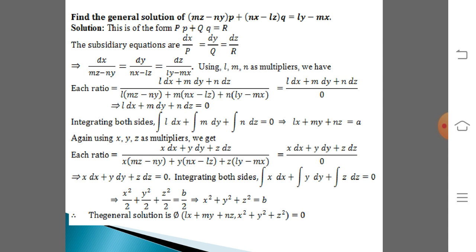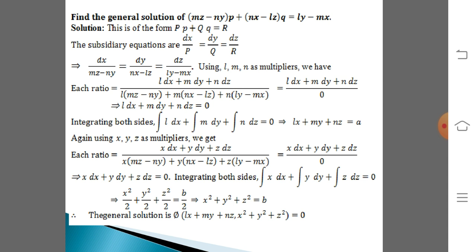We want to choose the multipliers in such a way that the denominator is becoming 0. Okay. Just by looking at the coefficients of x, y, z, we can easily find that l, m, n are the multipliers. So if you go for the multipliers l, m, n, then each ratio in the auxiliary equation is equal to (l dx + m dy + n dz)/(l(mz − ny) + m(nx − lz) + n(ly − mx)).